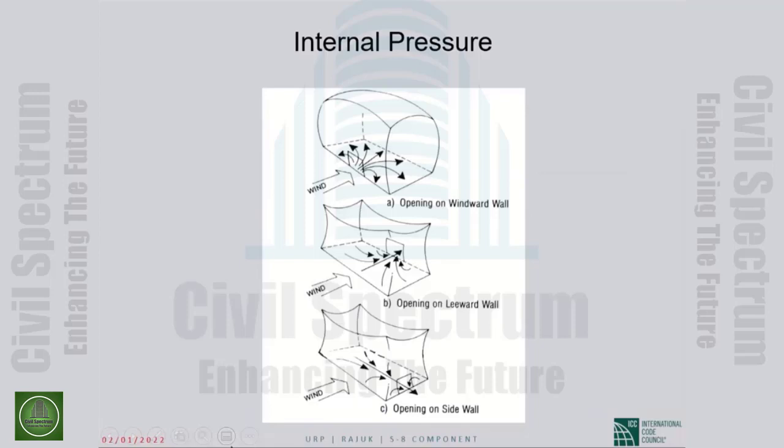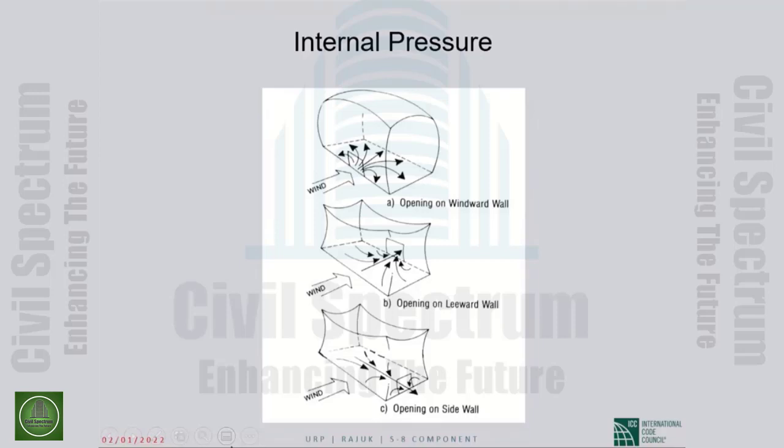However, if we are designing a component of a building, the walls or the roof, we need to consider the pressure inside our building. Okay, so this is now the topic. So the first picture shows a structure for illustration.